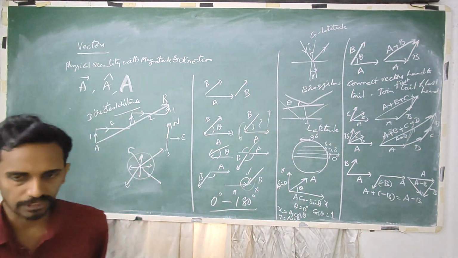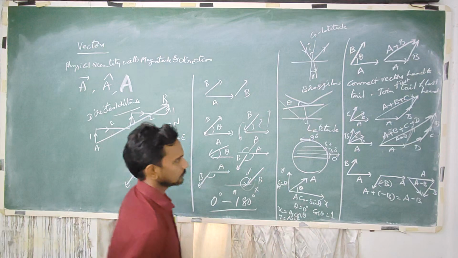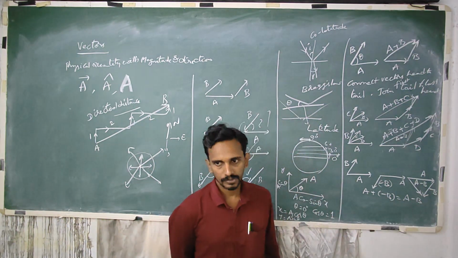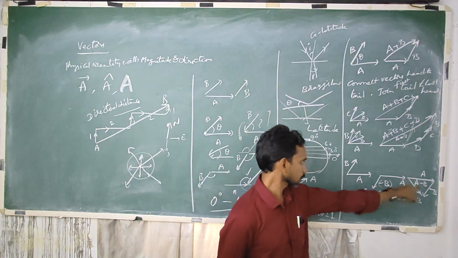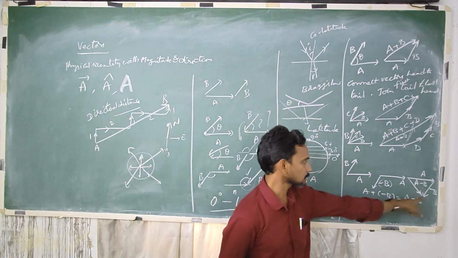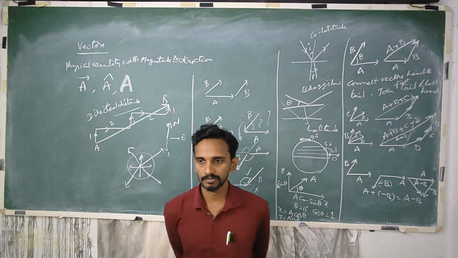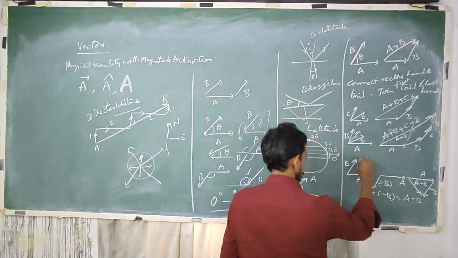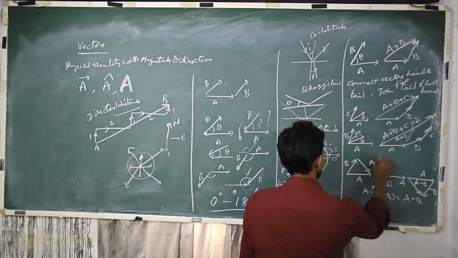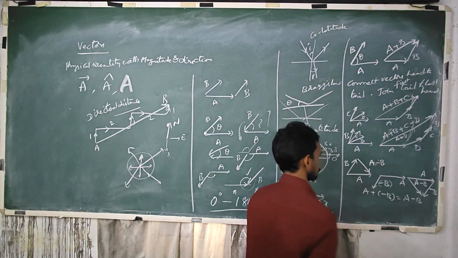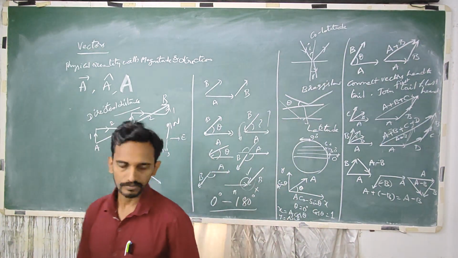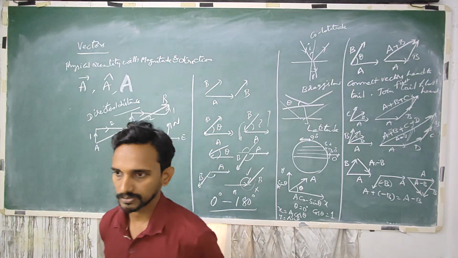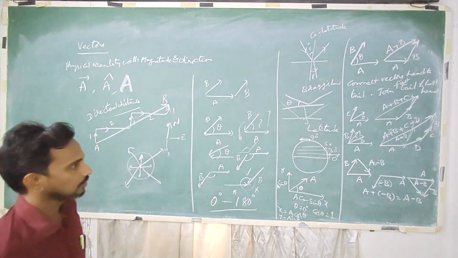You have to join the vectors head to tail. Your second vector has already acquired a negative sign, so you just have to add them. So first tail to last head, so that is a minus b. So in other words, this is a minus b. Same magnitude and direction. Okay.